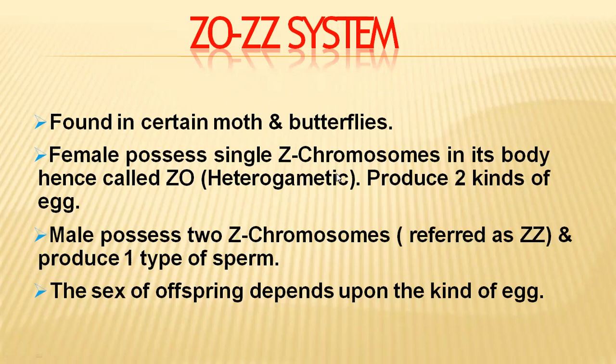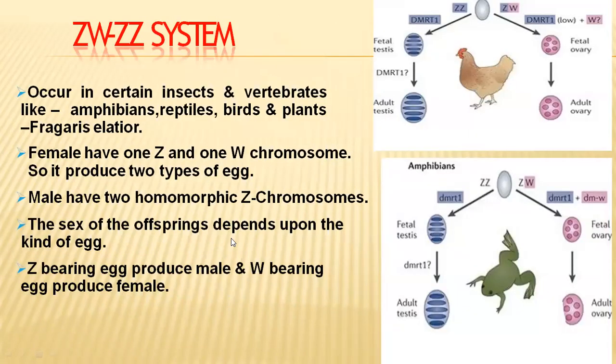So they are called heterogametic. Whereas the males produce only 1 type of sperm, all having a single Z chromosome. So the type of egg will determine the sex of the offspring.